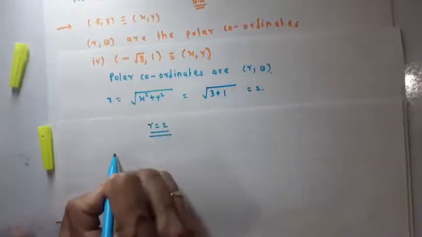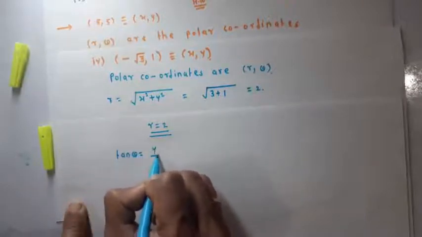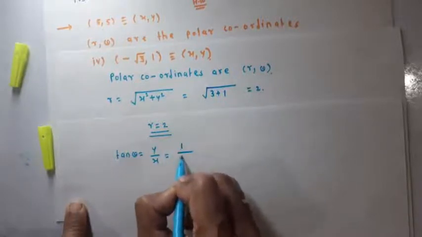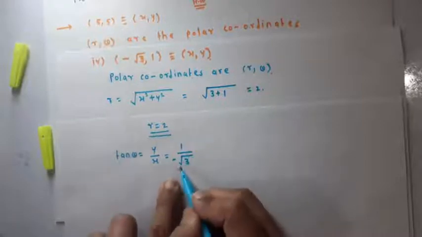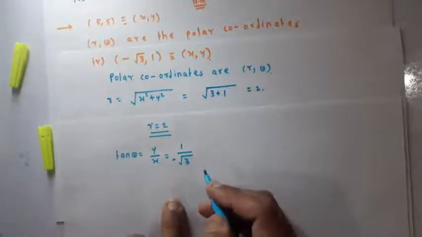Now let us find out tan theta. Tan theta is y upon x. So y is 1 upon the x coordinate, which is minus root 3, and this is minus 1 upon root 3.